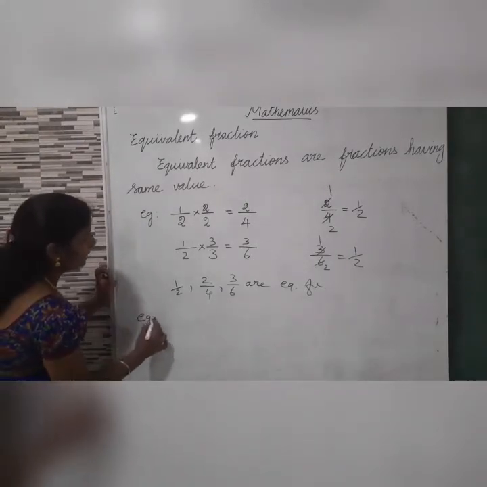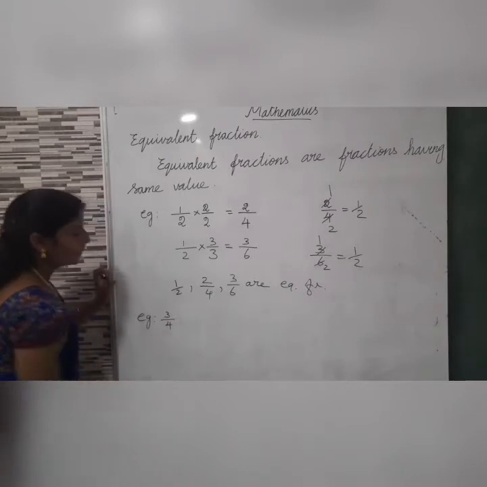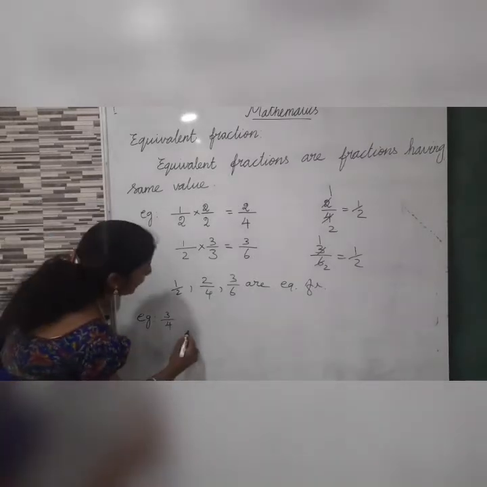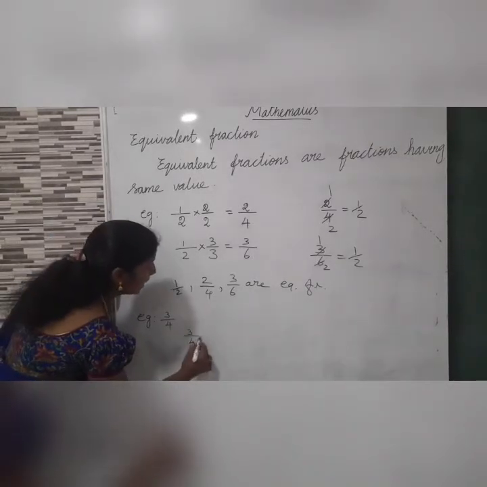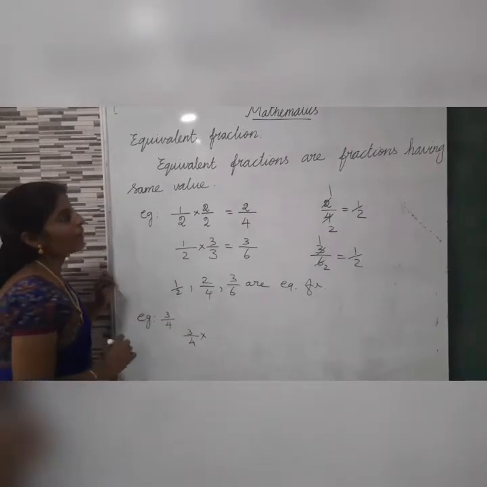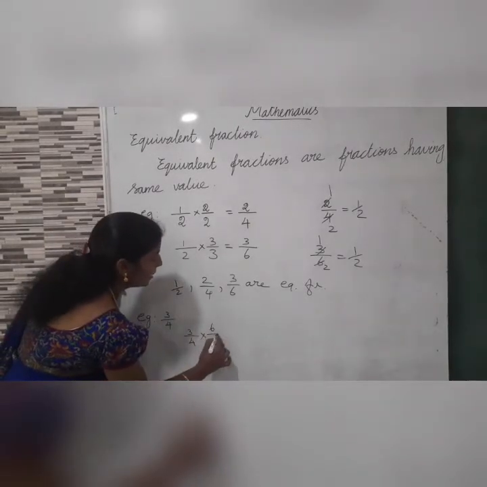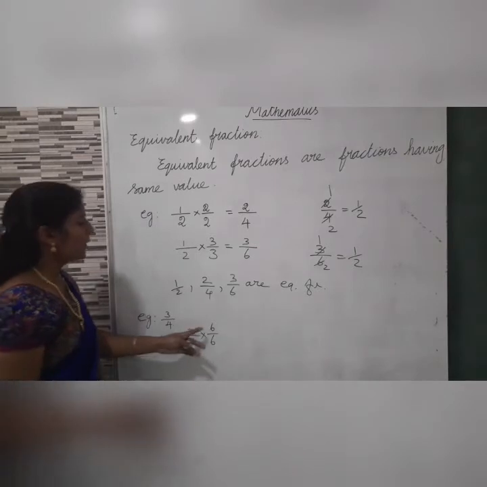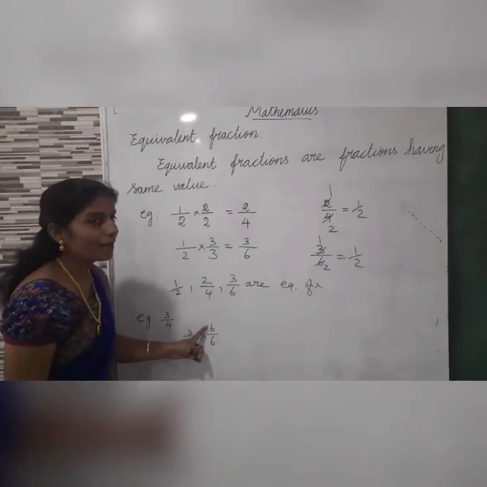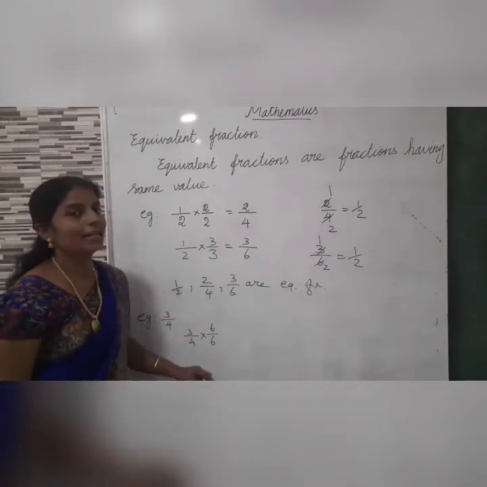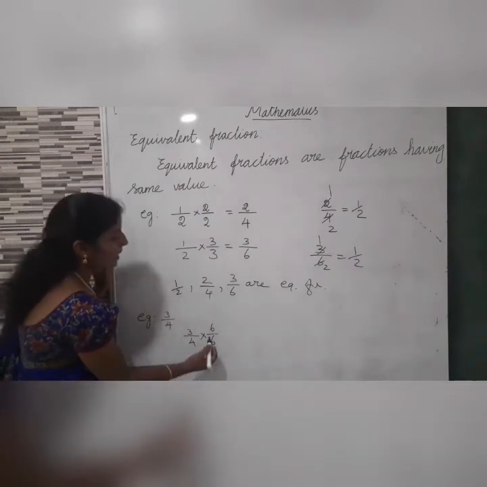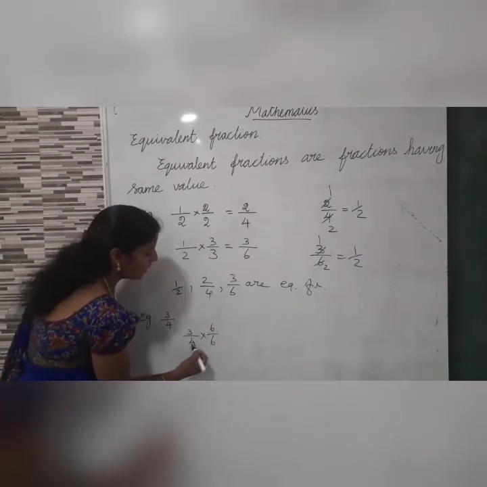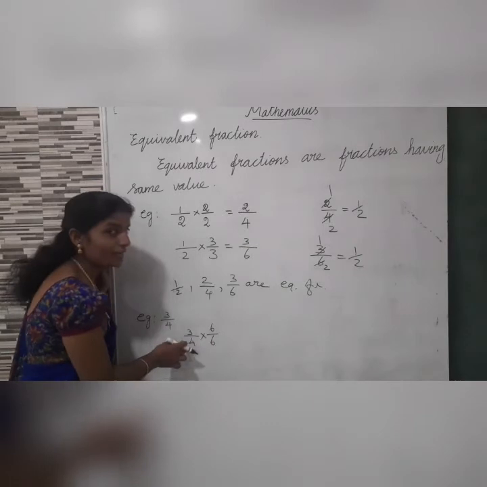3 by 4. Now we can multiply 3 by 4 by 6. Any one number you can take, but we must multiply the same number in the numerator and the denominator. If you multiply by 6 in the numerator, multiply by 6 in the denominator also.